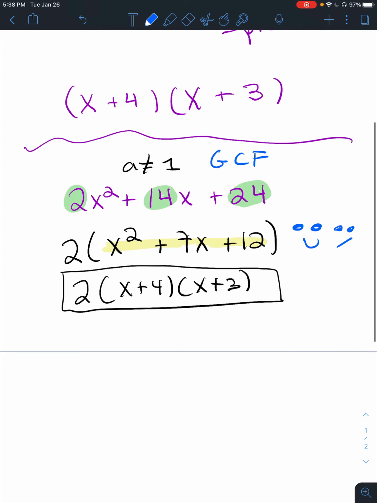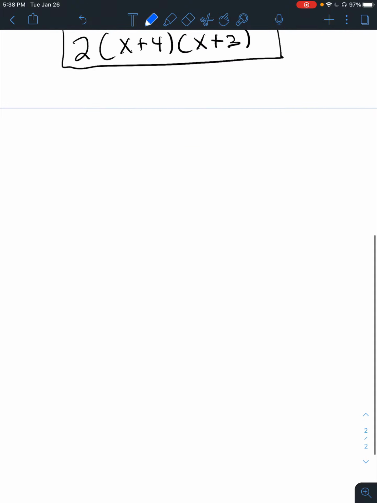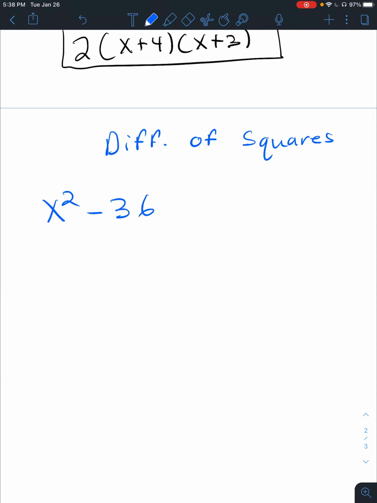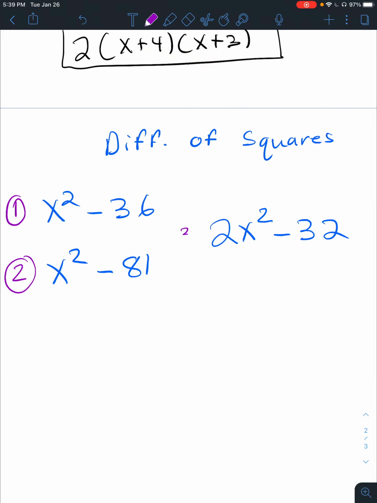Now let's go to a difference of squares. This one should be the one that we always recognize because there's only two terms. You notice these are all different examples, so I can call this number 1, number 2, number 3.